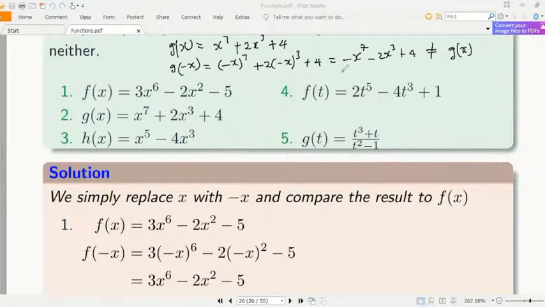So it means that g of x is not even, because g of x is not the same as g of negative x.